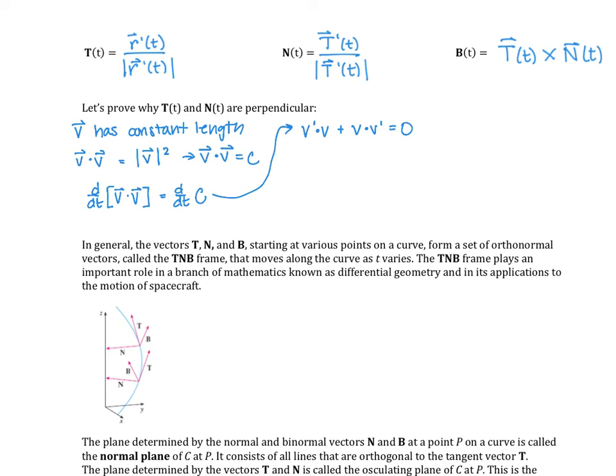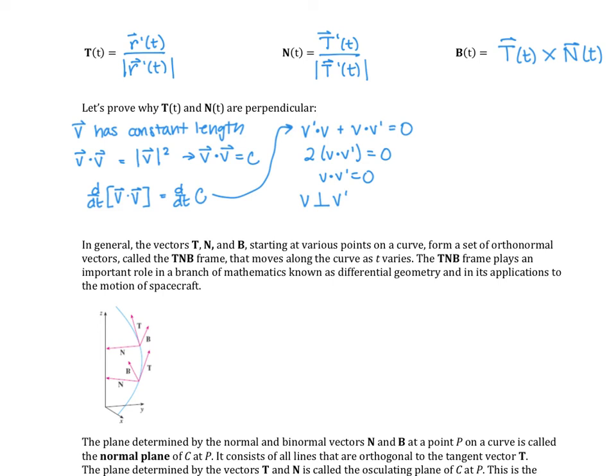And the derivative of a constant is 0. So we would get 2 v dot v prime is equal to 0, which means v dot v prime is equal to 0. Because of this, we can say that a vector must be perpendicular to its derivative if it's a constant vector.